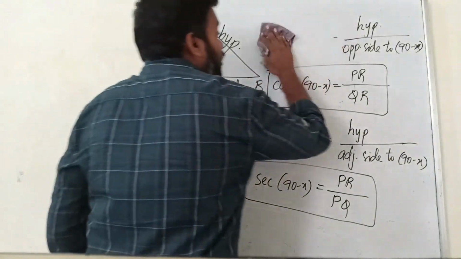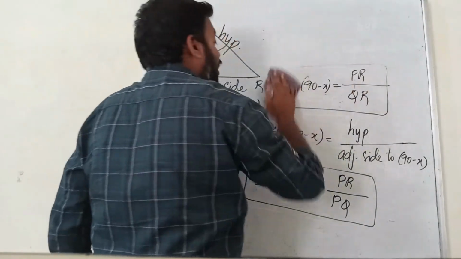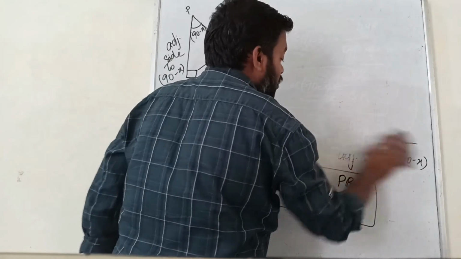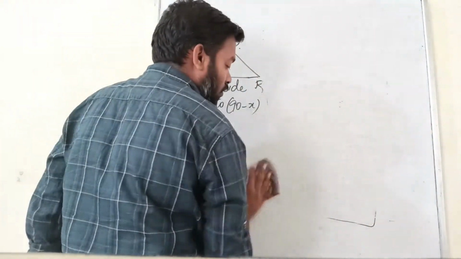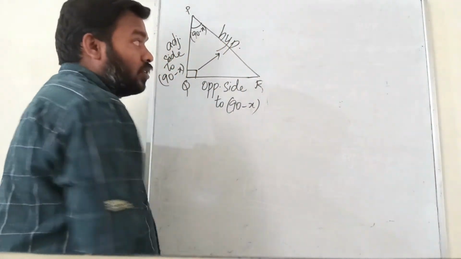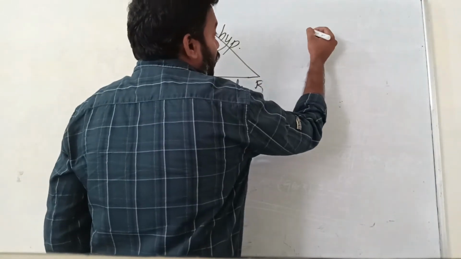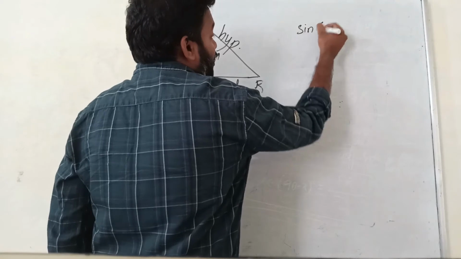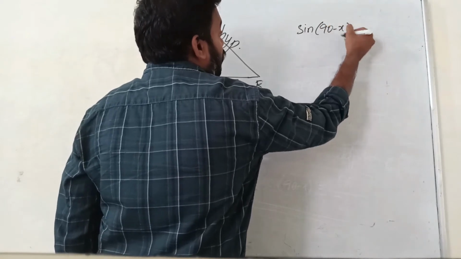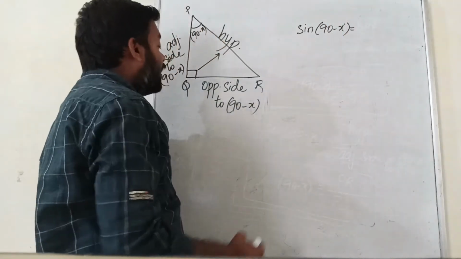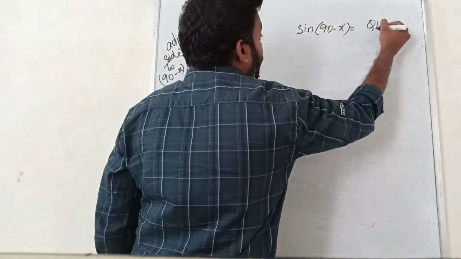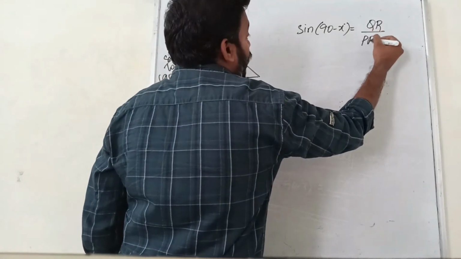Let us write the trigonometric ratios for angle 90 minus x once. Sin 90 minus x is QR by PR.